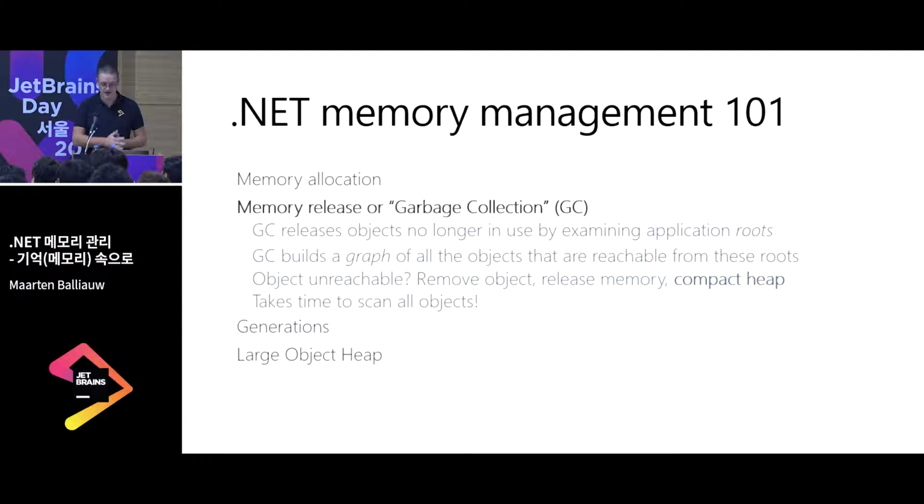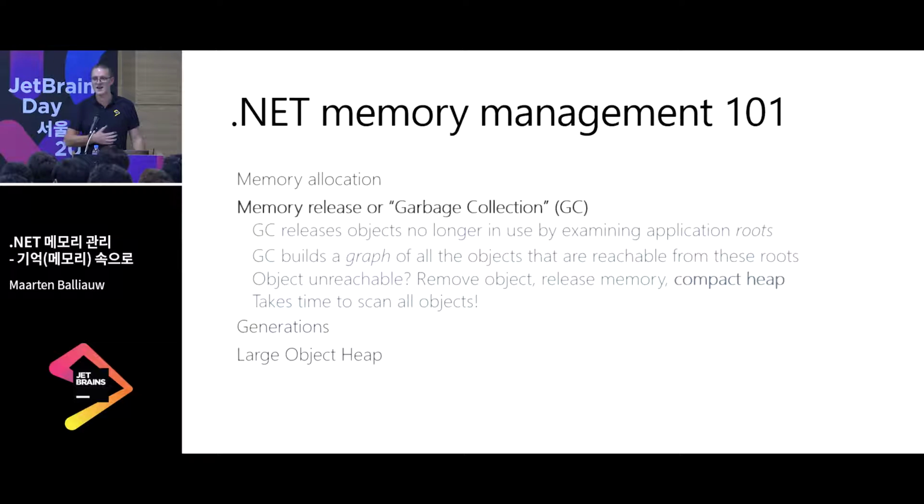Now, this garbage collector releases the objects that are no longer in use, and the way it does that is it pauses your application for a very, very short time. During that pause, the garbage collector will check everything that you allocated in that big block of memory. And whenever it sees that an object can no longer be reached by anything in your code, it's safe to be removed from memory, the block will be freed, and you can allocate more memory afterwards.